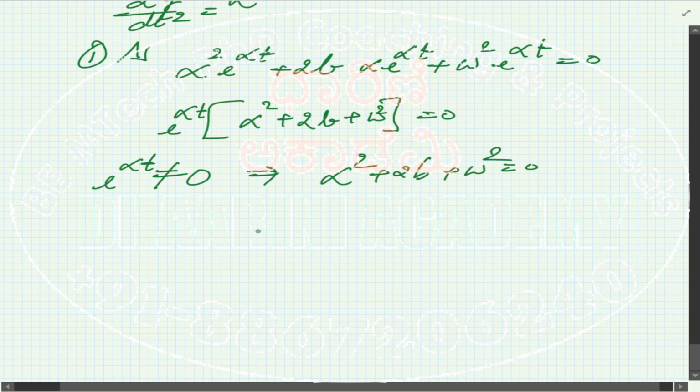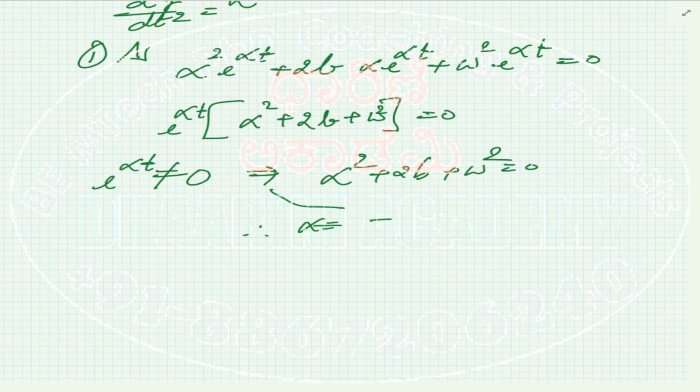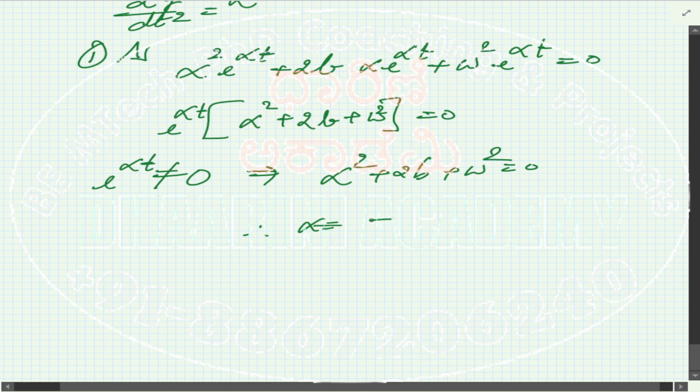Alpha is my root, therefore alpha is equal to minus b plus or minus root of b square minus 4ac by 2a. I can simply write it as omega square itself.